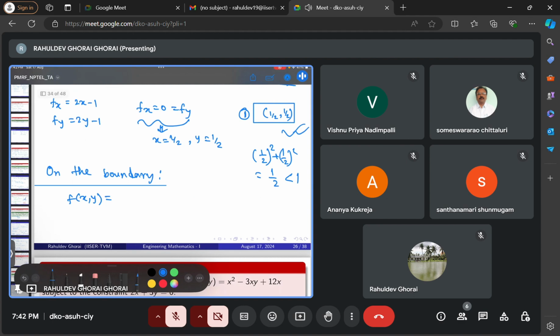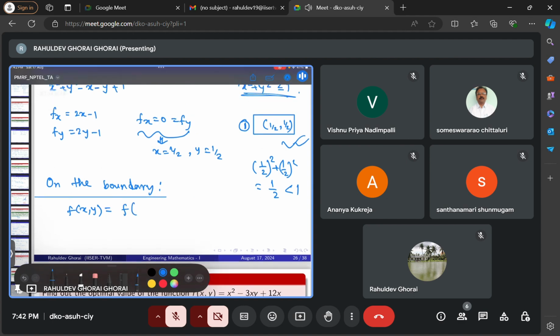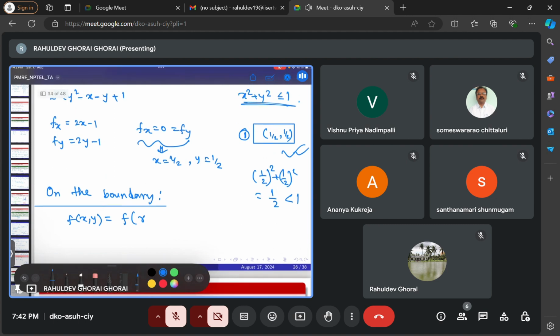So what I am telling is, f of xy you can write as a vector, which is r of t. That r of t is nothing but the vector which has r cos theta and r sin theta.